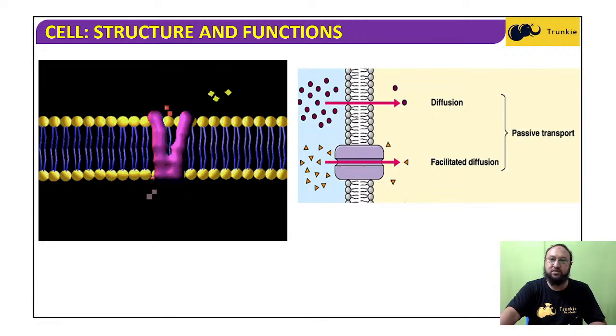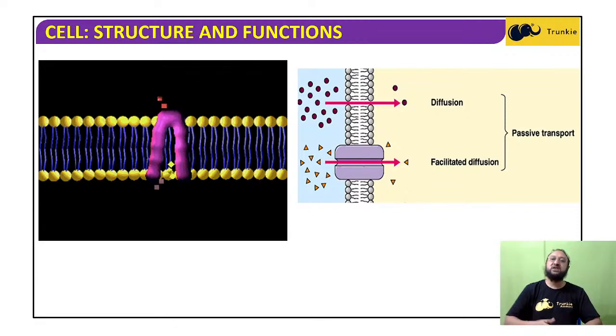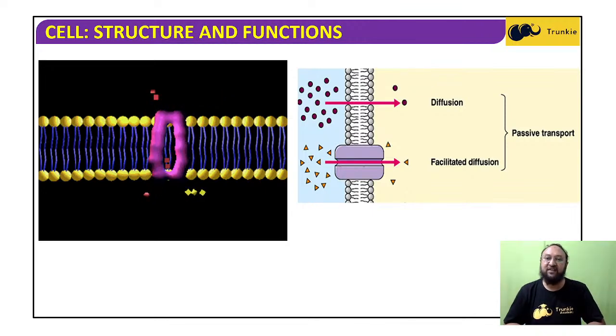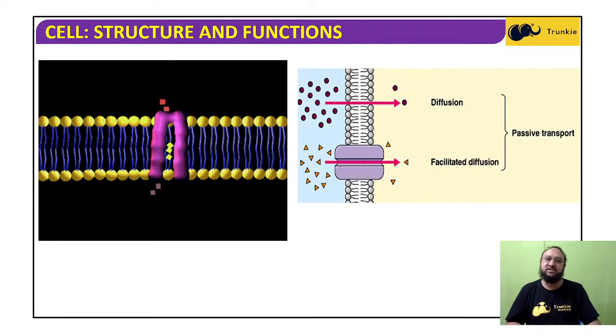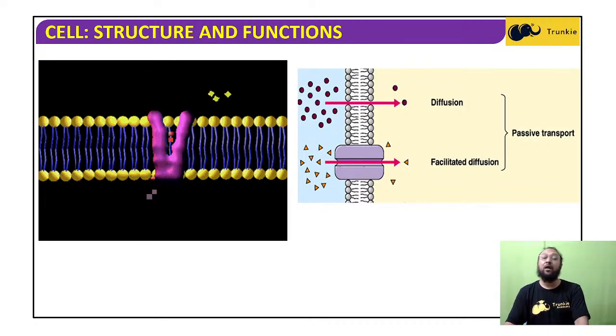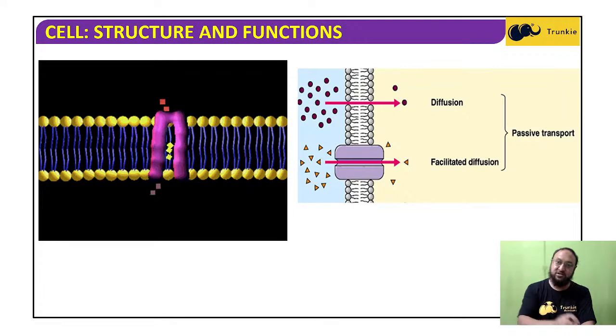Diffusion takes place from higher concentration to lower concentration, and facilitated diffusion means that some substances pass through a particular channel, a protein channel, present across the membrane, through which they enter into the cell along the concentration gradient from higher concentration to lower concentration.